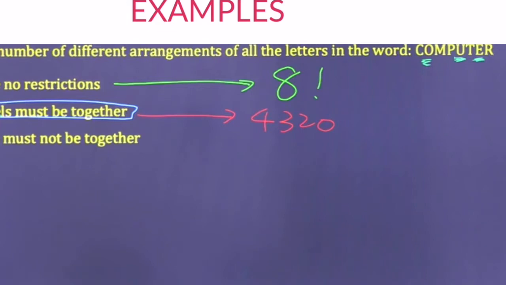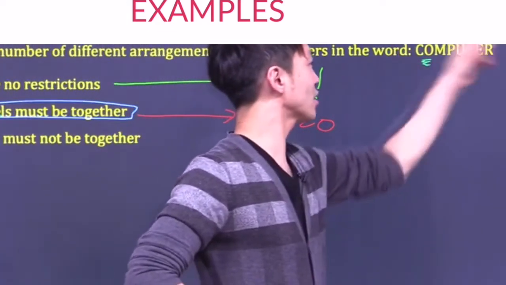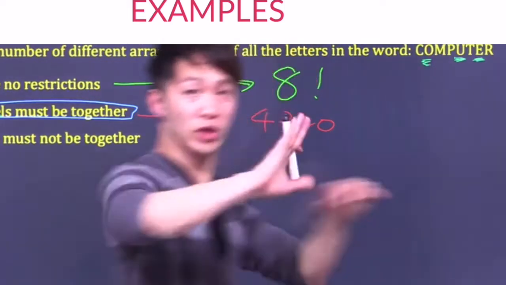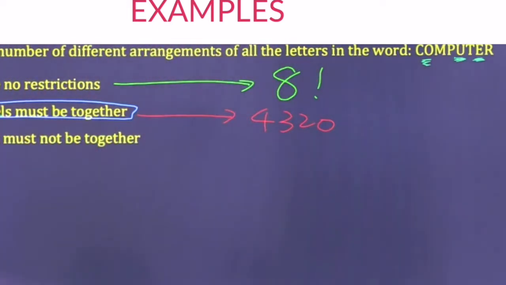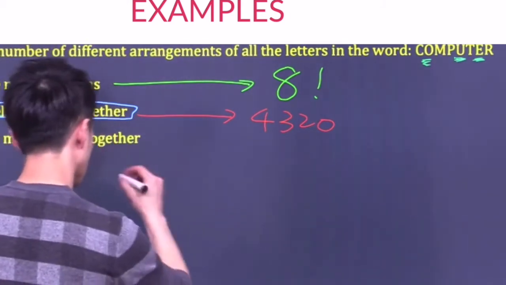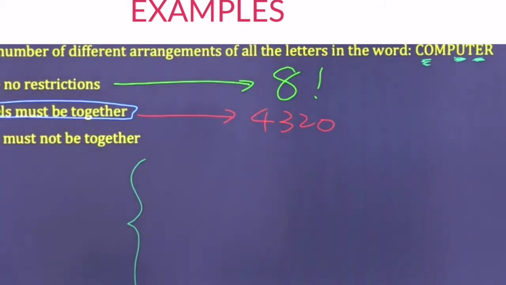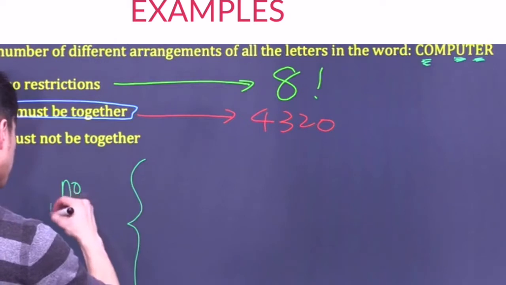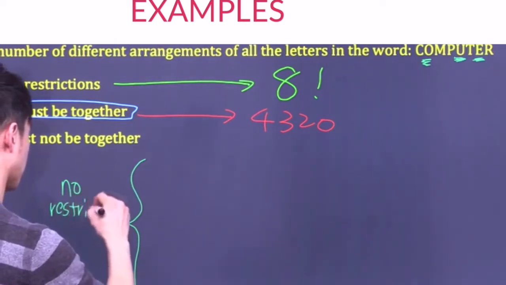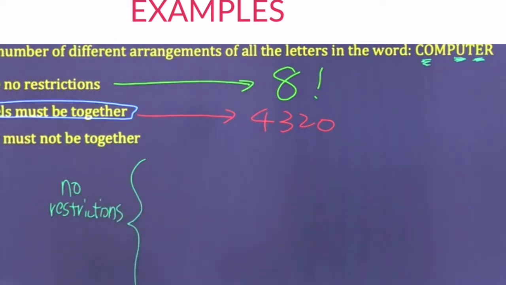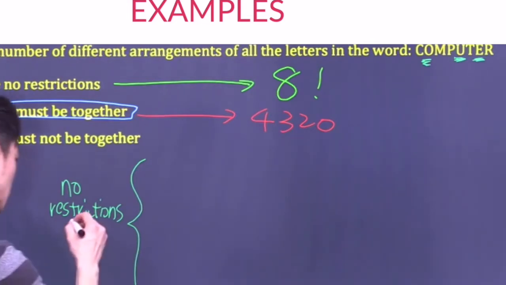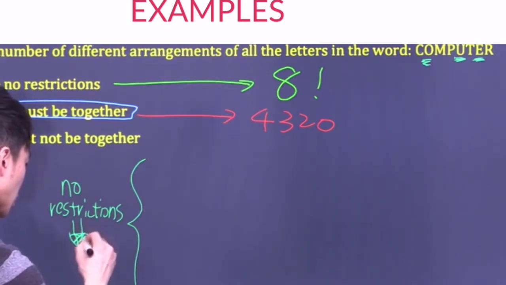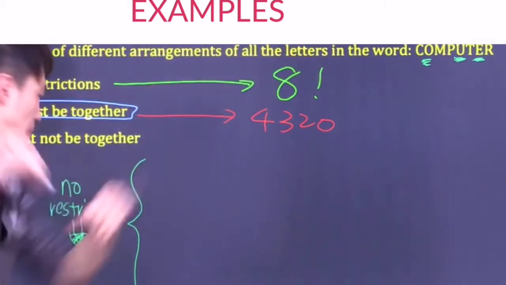Let's start from the first question again. Guys, how many ways can we arrange the 8 letters in the word computer with no restriction? With no restriction. So guys, think about this. With no restrictions means what? That's all the possible arrangements out there, right?